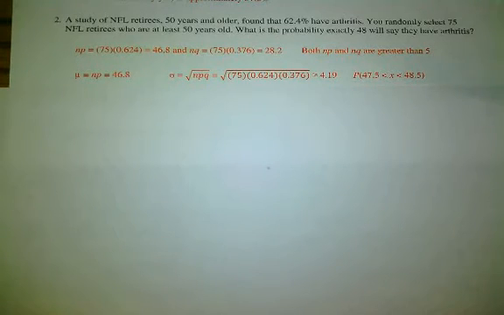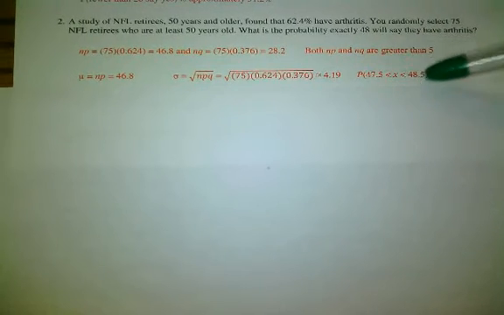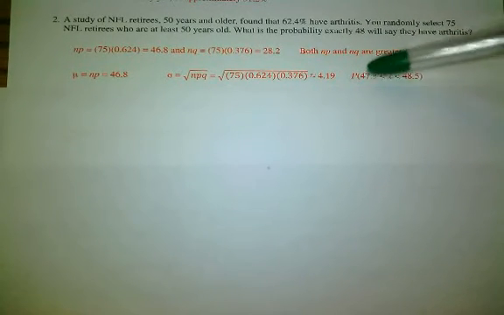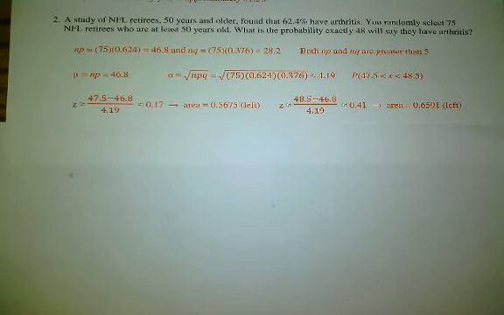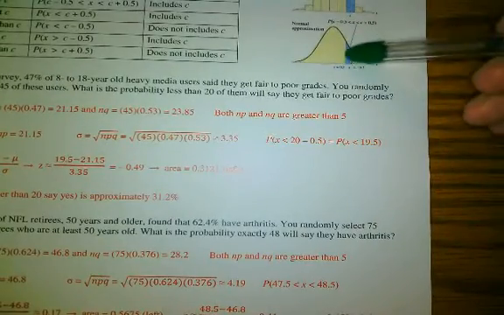Now in this case, since we want to find an exact value, exactly 48, we have to do our correction on both sides. 0.5 less than the 48, 0.5 greater than the 48. We will then do two different z-scores, one for the 47.5 and one for the 48.5. And then we subtract between the two. In our subtraction, basically what we're doing is, if we go back to our picture up here, we're finding this band between the two values.